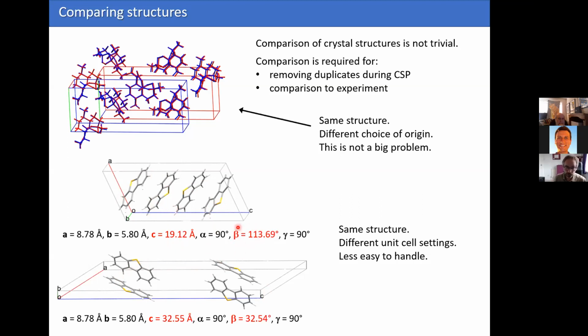Okay, so the angles between lattice vectors and the lengths of the lattice vectors are chosen differently, but they represent the same crystal structure. So again, we couldn't just straightforwardly use lattice vectors as a way to identify duplicates. And we also have the symmetry which constrains our other angles to 90. Okay, we could have effectively an infinite number of possible lattices for a particular crystal structure.